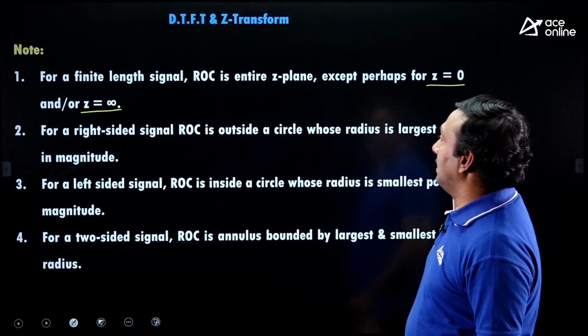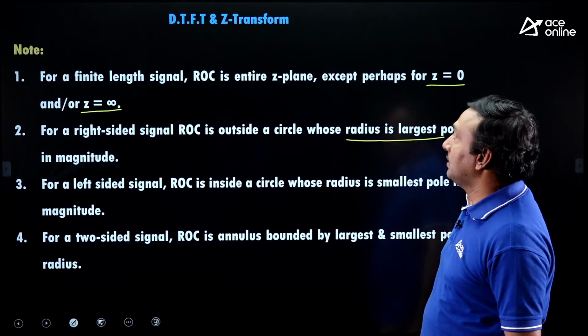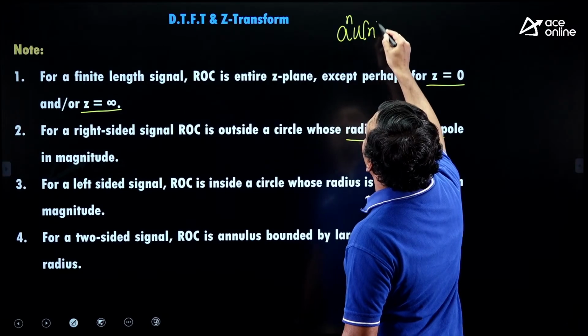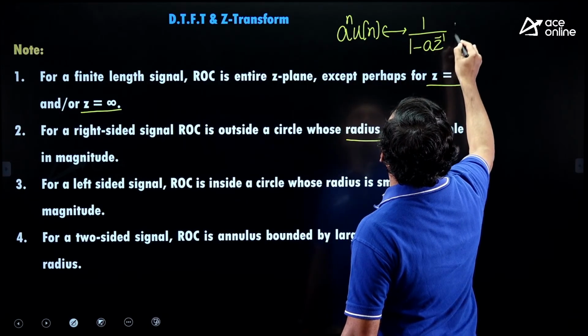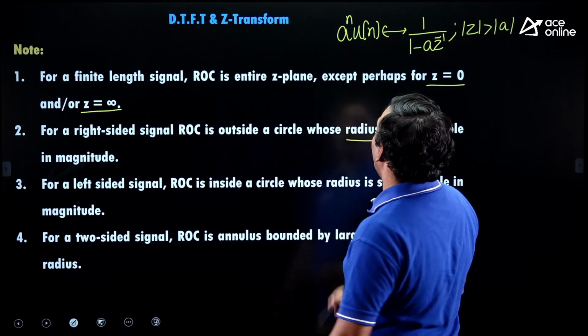For a right-sided signal, ROC is outside a circle whose radius is the largest pole in magnitude. Because we are dealing with the two basic formulas, a to the power n u[n], one standard relation, mod z greater than the magnitude of the pole.